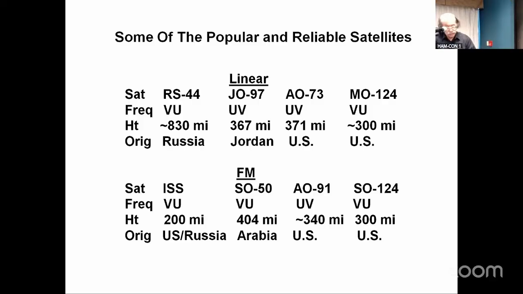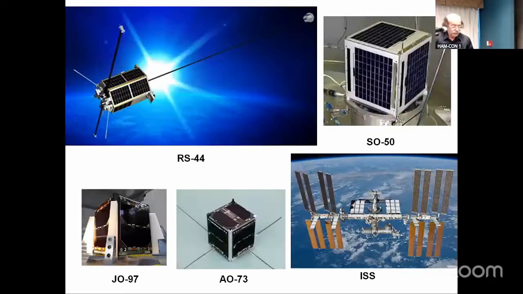Those are fairly new. So there are some pictures. That picture of RS-44, that whip is like 10 feet long. To give you an idea, that thing is big. The SO-50 is about this size. It's tiny. Then 97, 73, then the ISS, of course, people live on that thing.